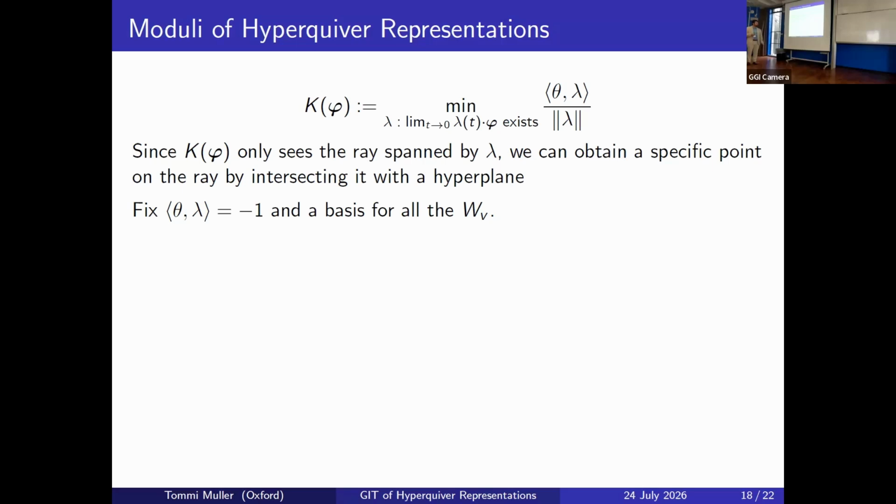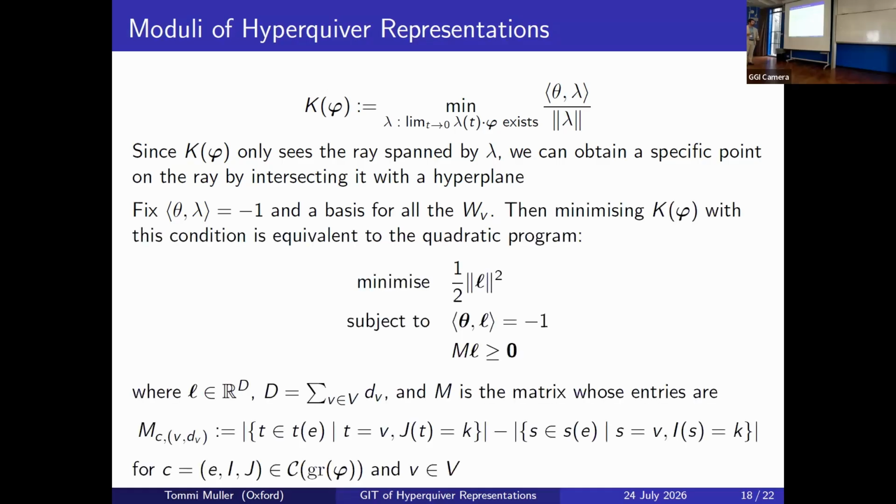Then the numerator becomes -1, and to minimize the Kemp functional, you have to make lambda as small as possible. So finding a minimum of the Kemp functional is the same as this quadratic program. It's minimizing the norm of lambda subject to a hyperplane condition, and also the condition that lambda is admissible, that the limit exists.